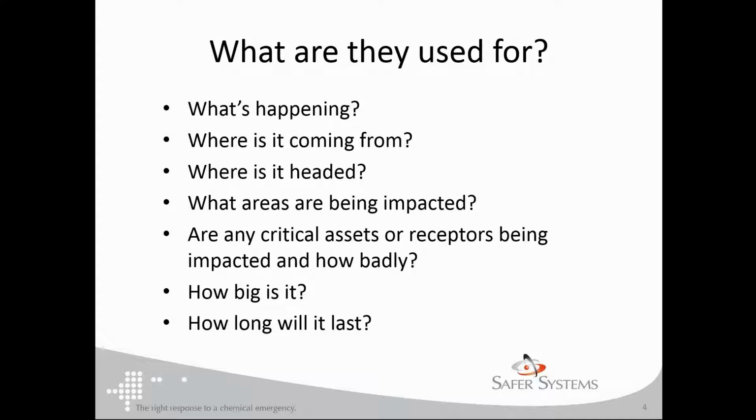So that wind out of the south at 2 meters per second may have been the condition when it first happened, but after 10 minutes the wind may have shifted. Using live data from a local weather source is going to project the impacts as the conditions are changing. And that gives responders a chance to react and respond to real information and to a real situation.